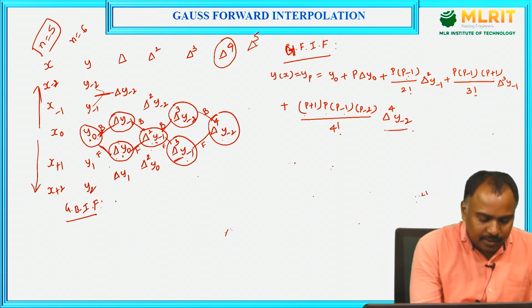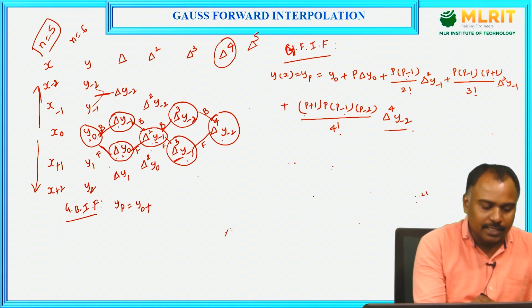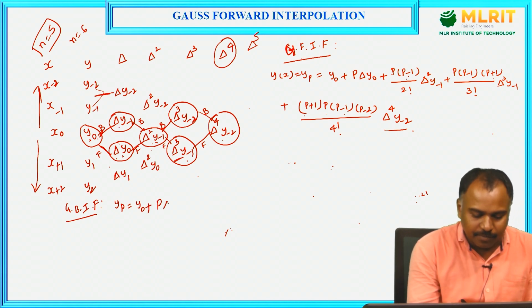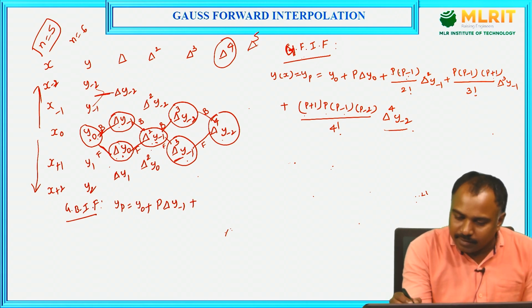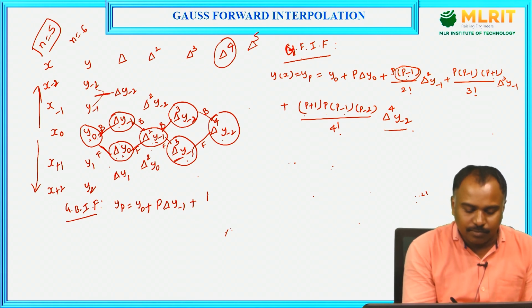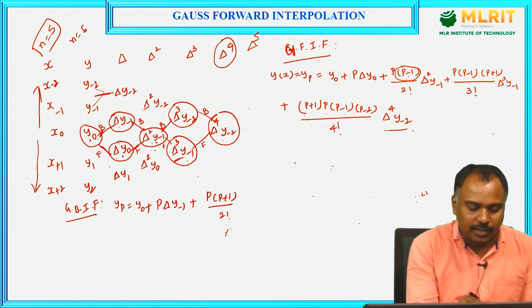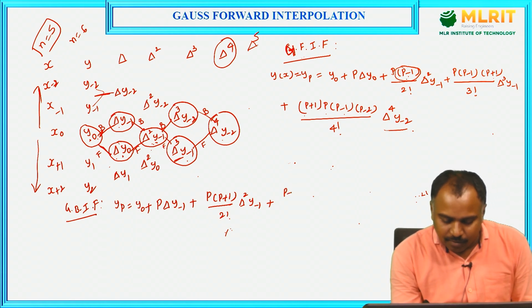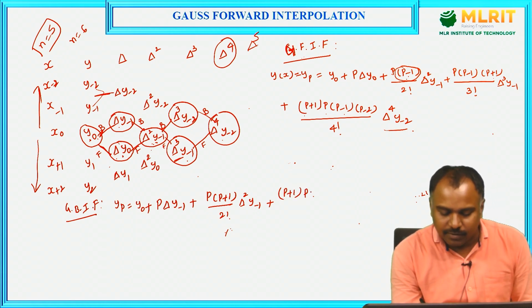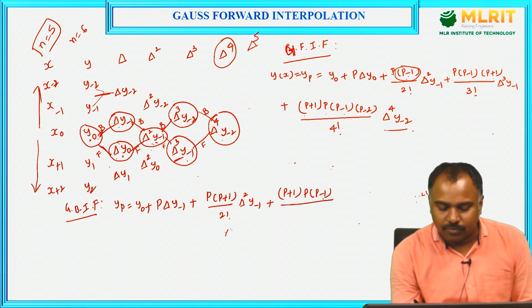So the starting value is y p equal to y naught. The second term starts with p delta y minus 1. In the forward, the negative increment comes first, whereas in the backward, the positive increment comes first. P into p plus 1 by 2 factorial, where the second order is delta square y minus 1. Previously there was one positive increment, now it will be a negative increment, so p minus one value on the negative side.